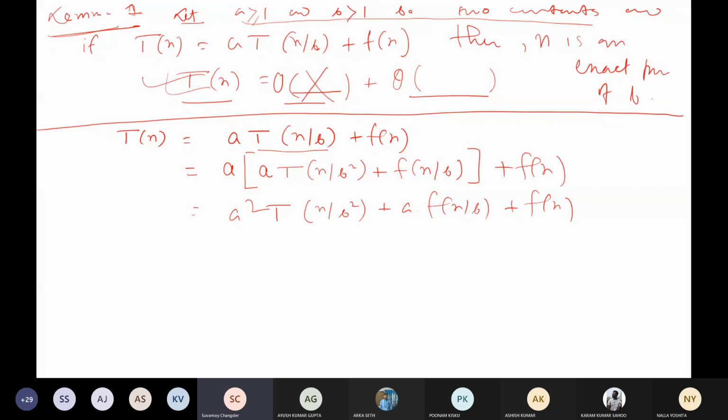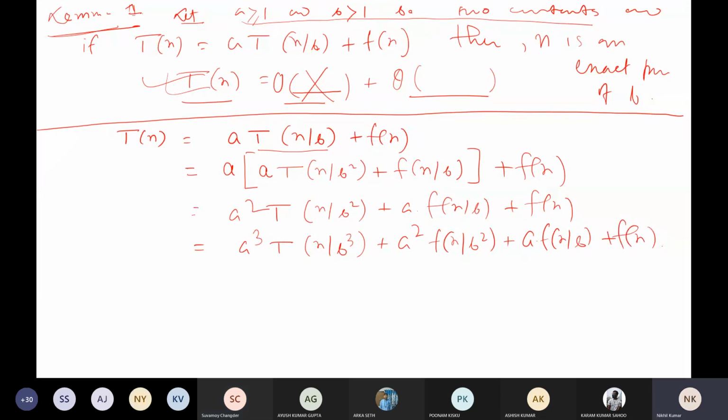In the next iteration, what will we get? We should get a³ T(n/b³) plus a² f(n/b²) plus a·f(n/b) plus f(n).